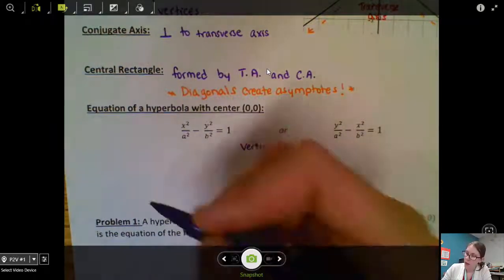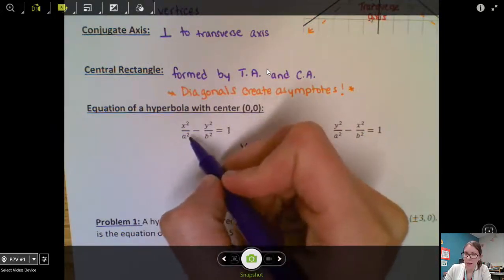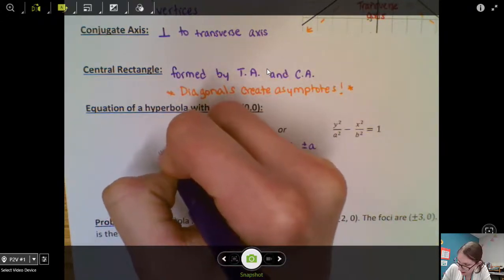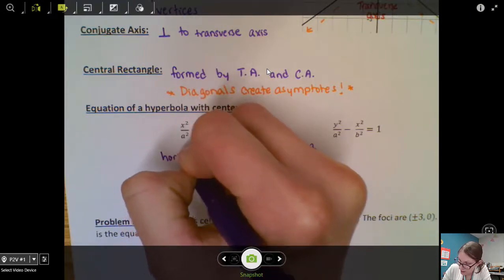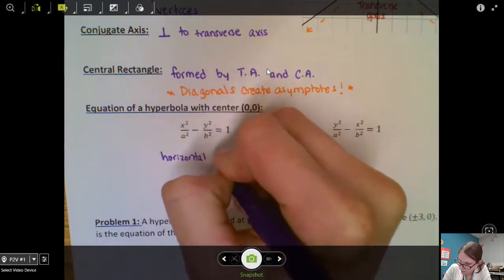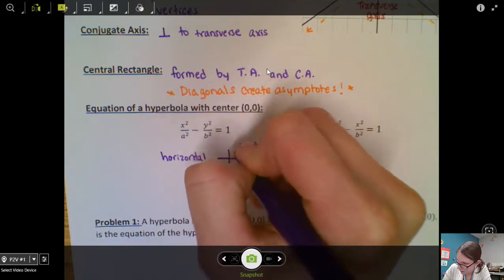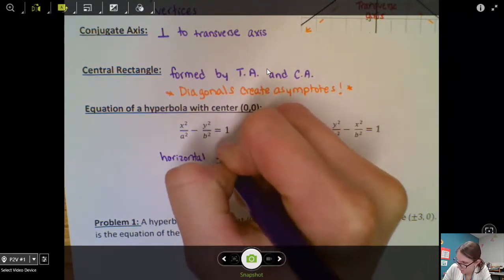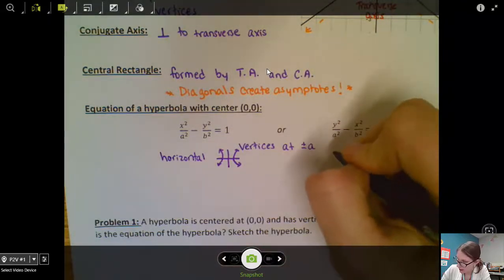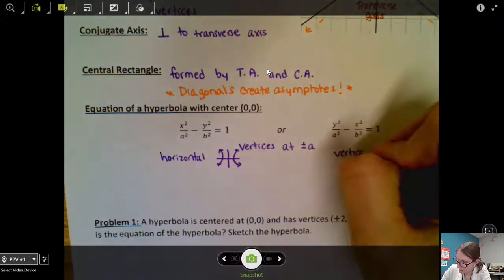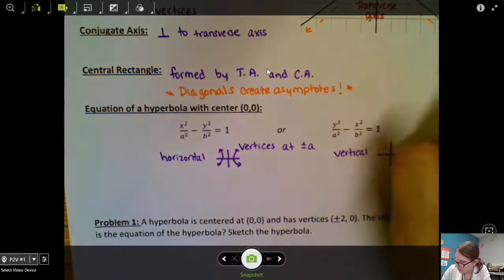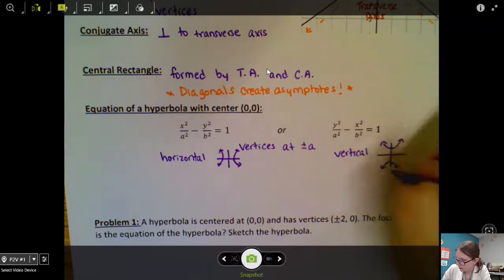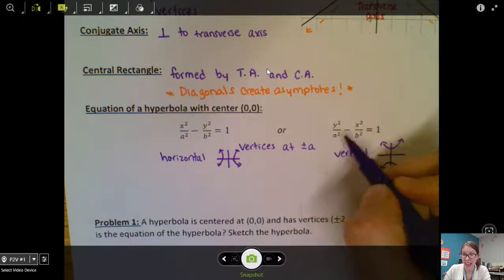Okay, the main difference is that if x squared comes before the y squared, that tells us our hyperbola is horizontal, and that our hyperbola has this shape, where if the y squared comes first, that tells us our hyperbola is vertical. But again, either way, those vertices can be figured out by whatever a is.